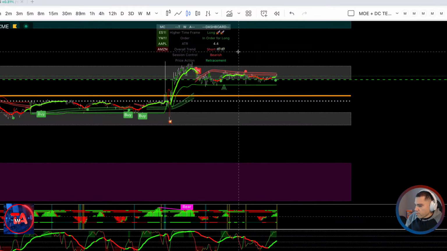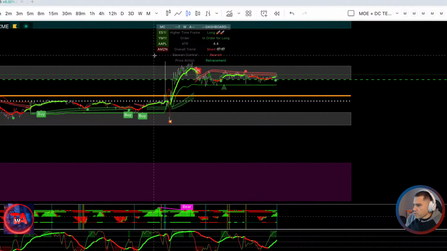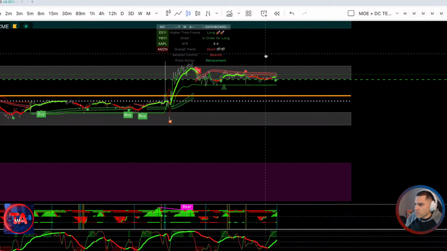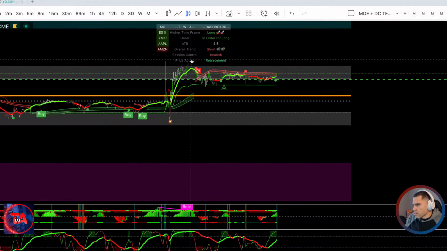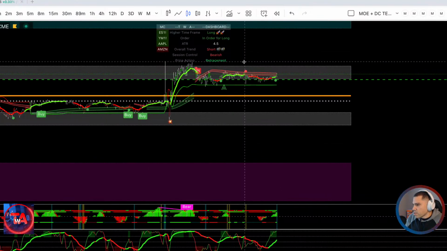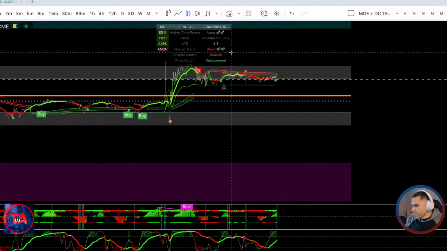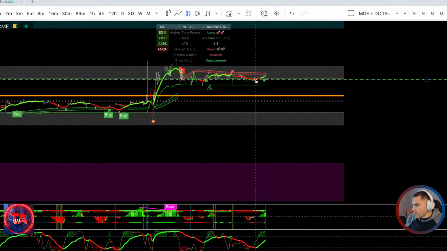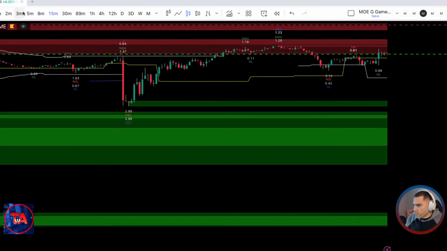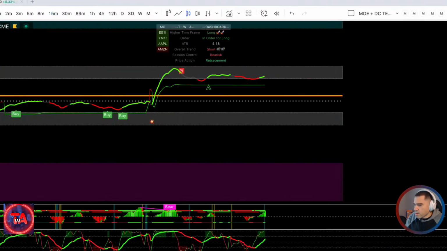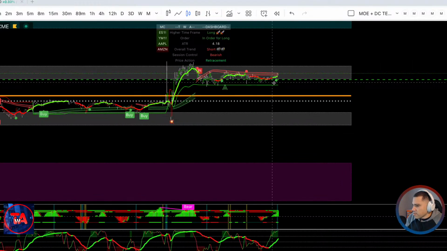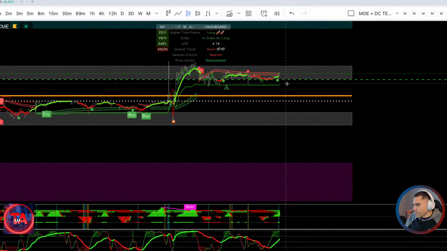If you look at session control, right now session control is bearish, but you see right here, price action is in a retracement, which is bullish because of the color green. And you can see now we are trying to make our way higher. But if we go back, you see there's resistance here, no problem. Resistance now might turn into support later, you never know.